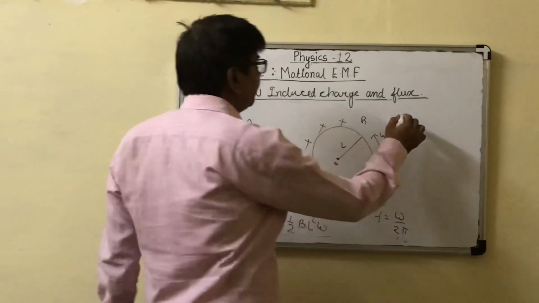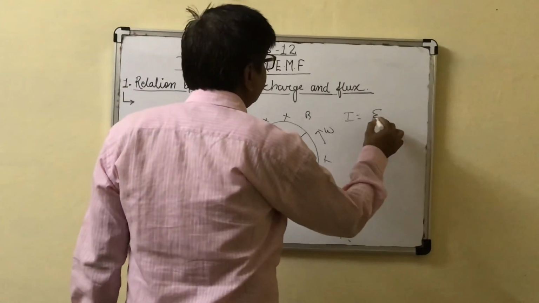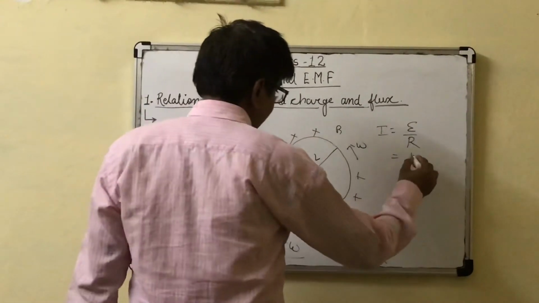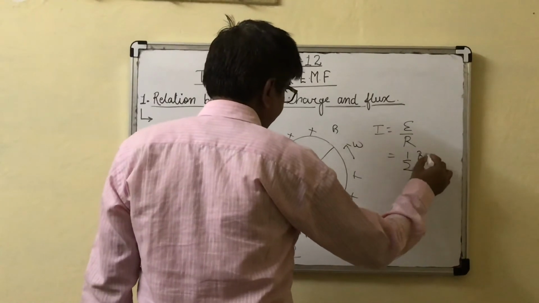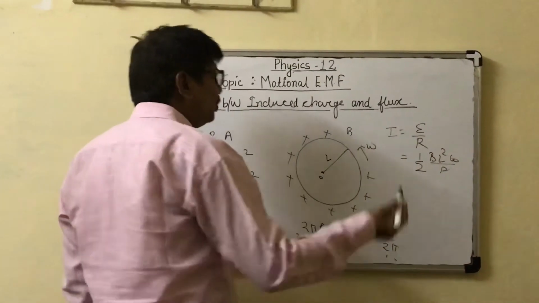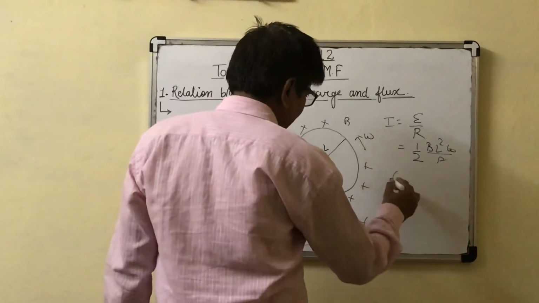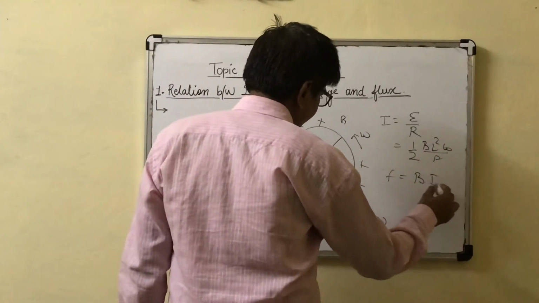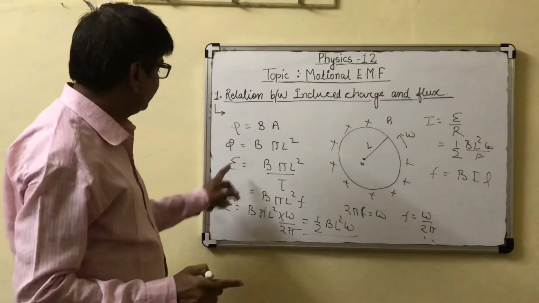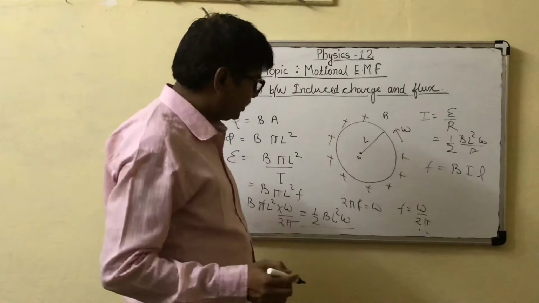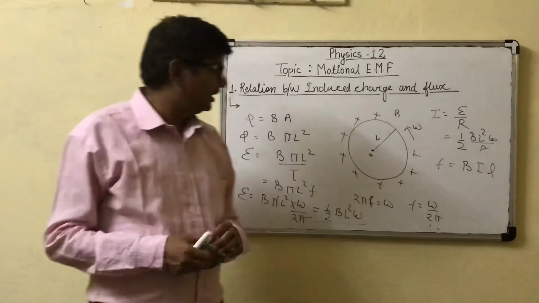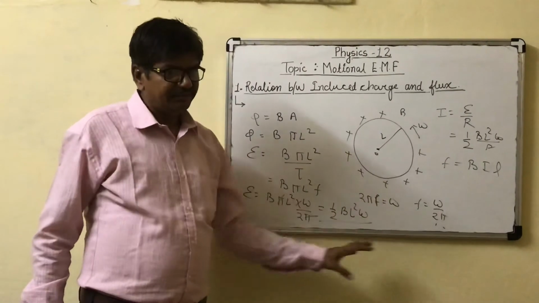Now suppose we have to calculate the induced current: I is E by R. Putting the value of E, it is half B L square omega by R. Suppose we have to calculate force or power, F is equal to B I L. Putting the value of I, we have calculated three derivations: induced EMF, induced current, and force. Okay, so this is the motional EMF.